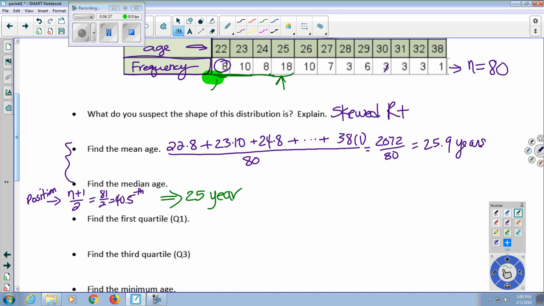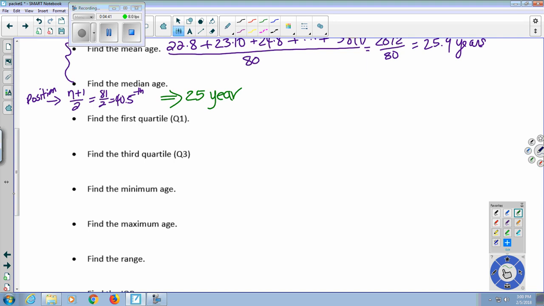Now to find our first quartile, we're going to be thinking about the first 40, because we're going to split the first half and find the median of the first half. So there's 40 observations in the first half. 40 plus 1 divided by 2 gives us 20.5.